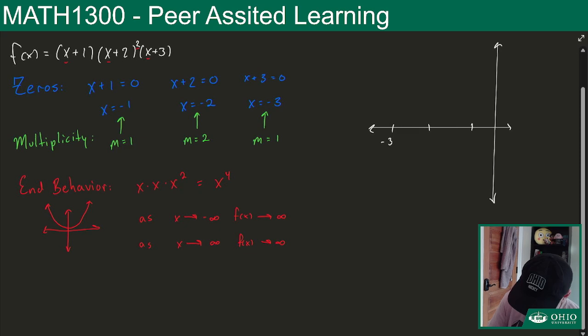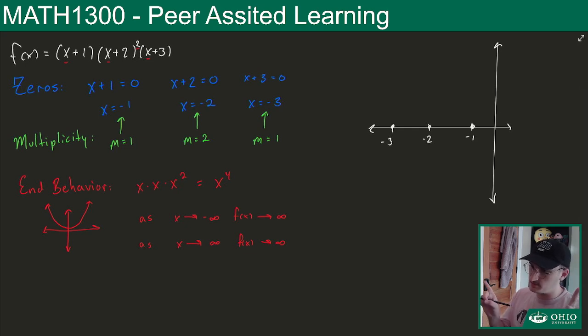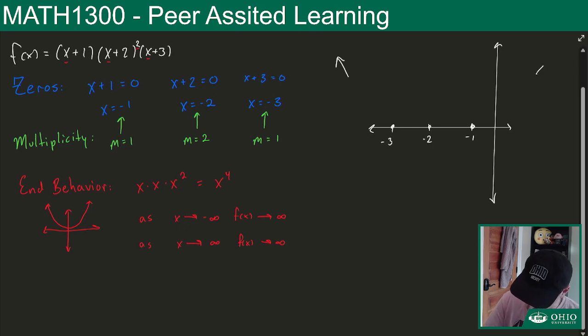So we have -3, -2, -1. All of these are going to get a 0. What I then like to do, and I will erase this later, is draw arrows pointing in the direction of my end behavior just so I know where to start and finish my line when I'm graphing it. So it's going to have end behavior that looks like this. And again, we'll erase these arrows later.